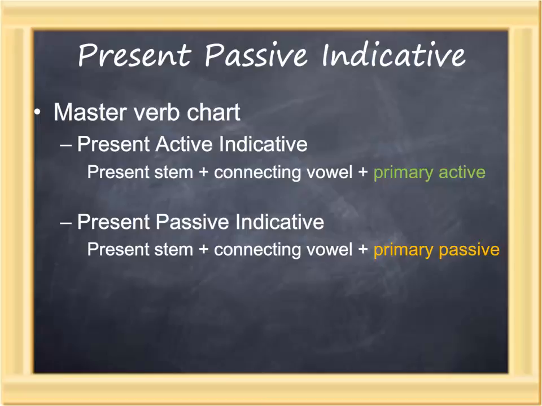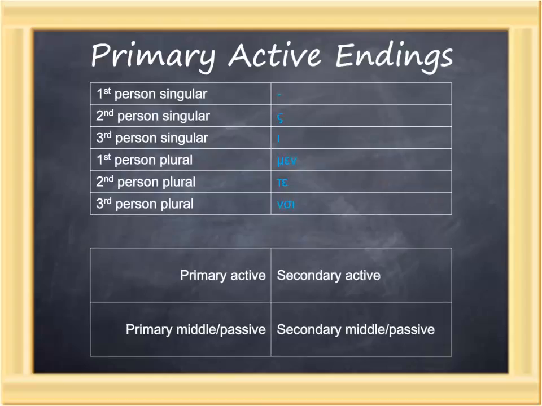The present passive indicative is formed similarly, present stem, connecting vowel, but a different set of personal endings called the primary passive endings. The change is to the ending. Everything else is the same. The active personal endings, primary actives, are nothing, sigma, iota, men, te, and nsi. We've learned those before.